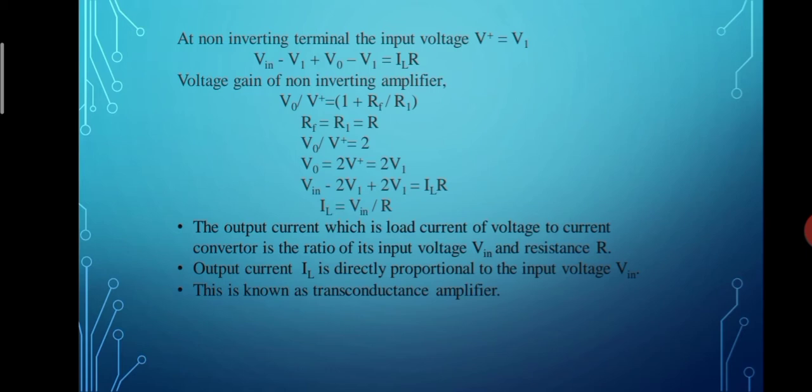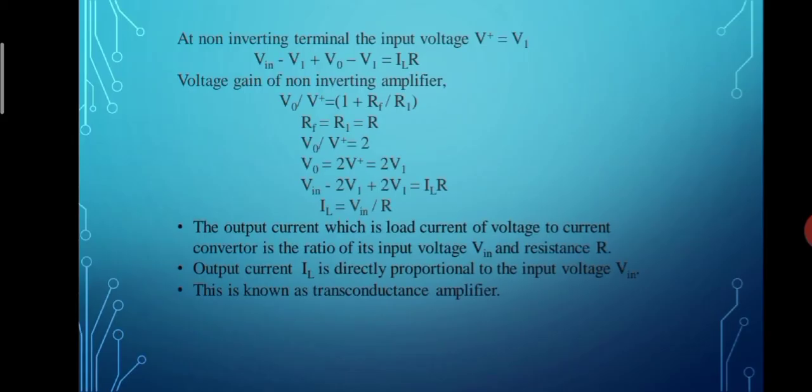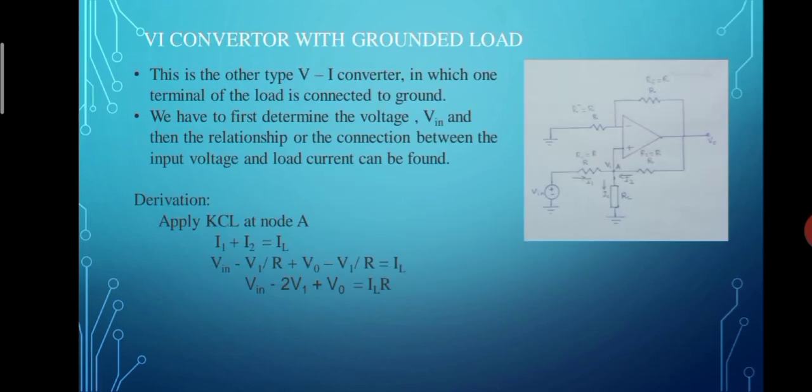The voltage gain of the non-inverting amplifier is V0 divided by the voltage applied to the non-inverting terminal, V plus, which is equal to 1 plus RF by R1. RF is the resistance connected here, this is the position of RF, and R1 is connected in this position.